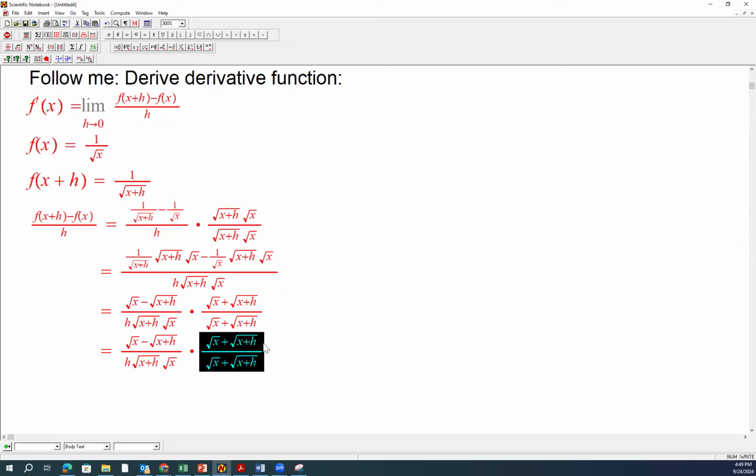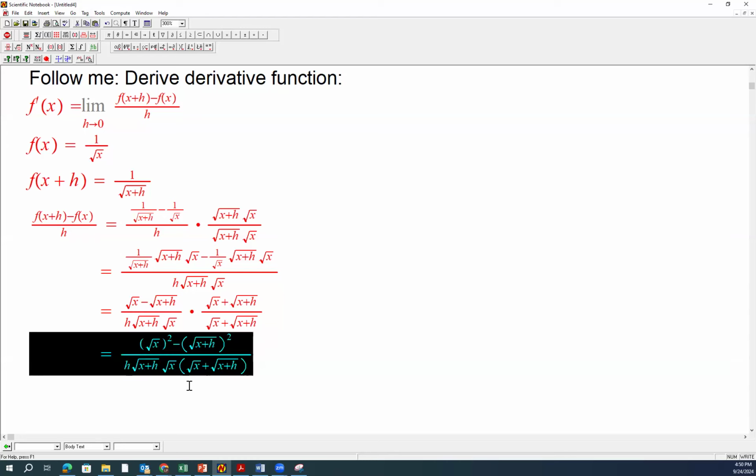The numerator times numerator is going to make a squared minus b squared. Denominator multiplied by denominator, we need to insert a parentheses here. This parentheses is absolutely necessary.